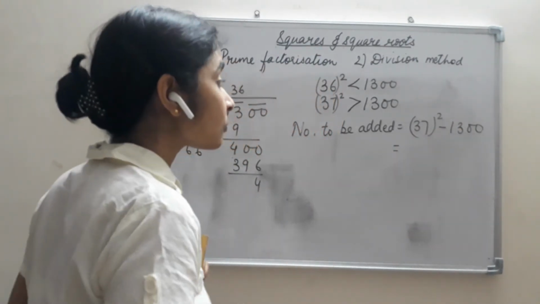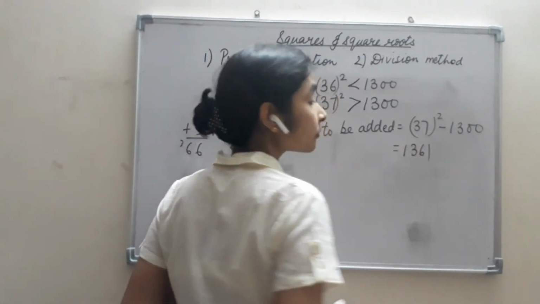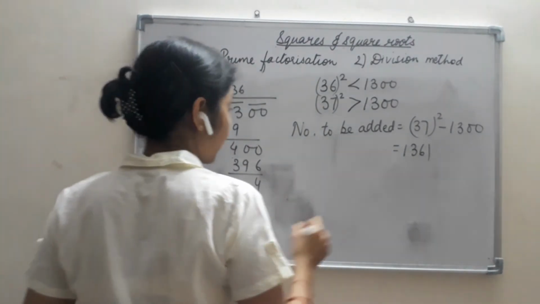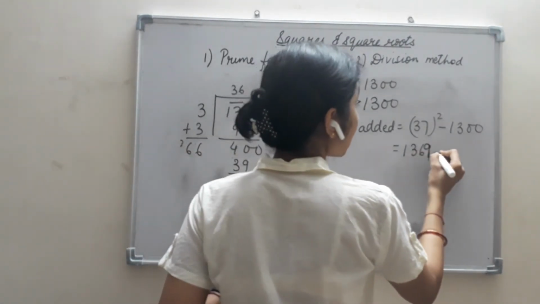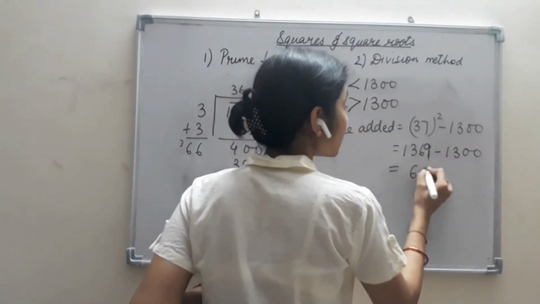Okay. So what is the square of 37? That is 1369, because 7 7s are 49, and the 9 comes down. Minus 1300, that gives me 69.